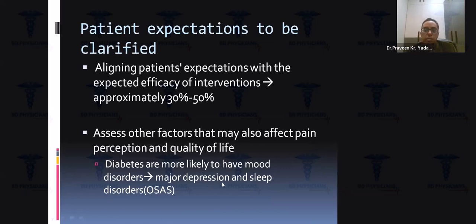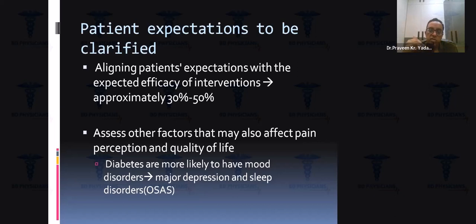The American Academy guidelines of 2021 mention that you should rule out depression, obstructive sleep apnea syndrome, and other diseases which can affect the quality of sleep and the pain threshold in these patients. We all know the pain threshold is different for different patients. The pain threshold is affected by the personality of the patient, the mood status, and also the sleep parameters.